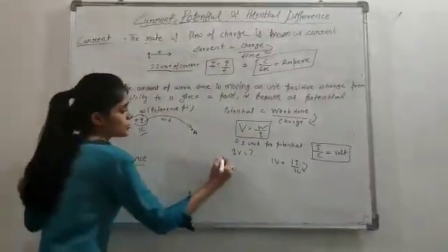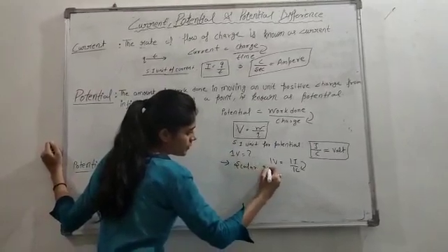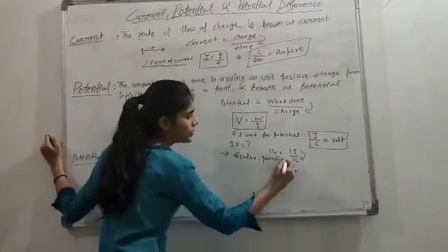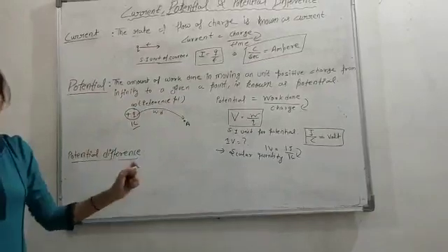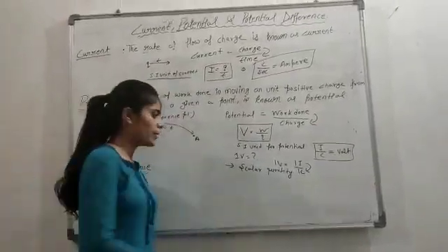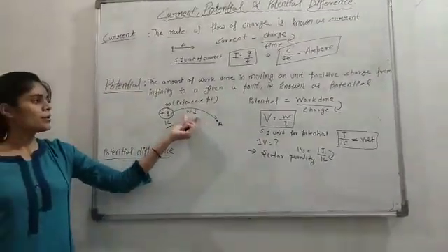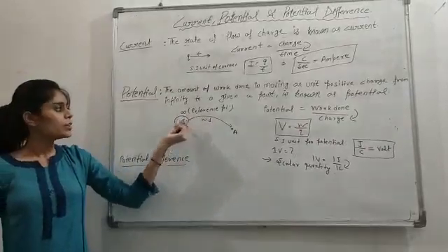Potential is which kind of quantity? A scalar quantity. In this we don't mind the direction, only the magnitude. So it is a scalar quantity. Now we can see potential is the responsible factor for moving the charge.